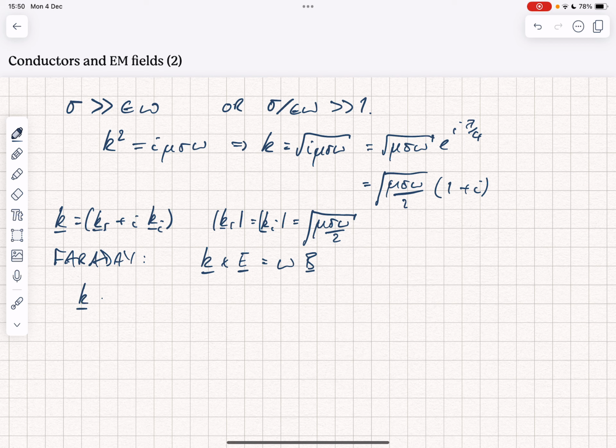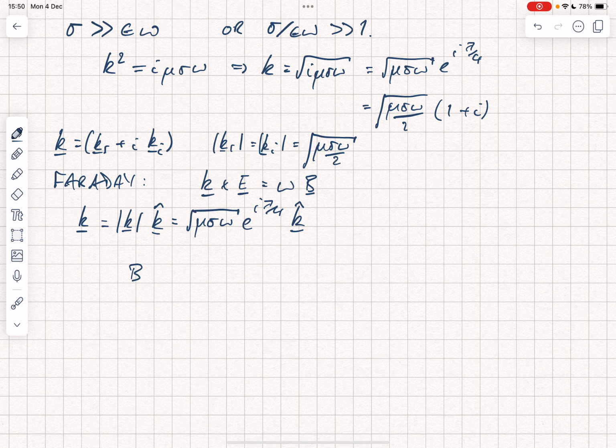We're going to write k is equal to the magnitude of k multiplied by k hat, and that is just going to equal root of mu sigma omega e to the i pi over 4 times k hat, and therefore we have that the B field is equal to root of mu sigma over omega e to the i pi over 4 k hat crossed with E.